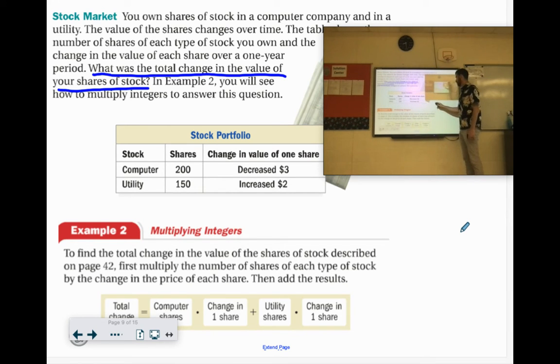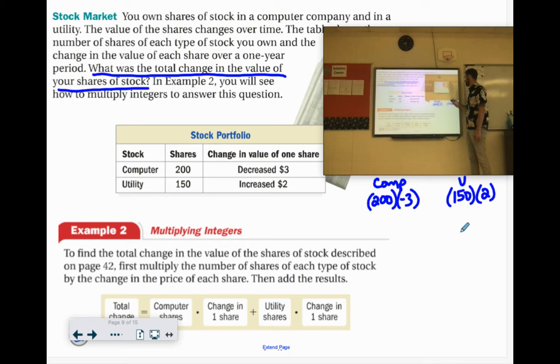So we're going to have 200 times negative 3. And then my utility, we had 150 shares, and that increased by 2, so that's a positive 2. So here's our computer. Here's our utility. And then we're going to add the results together.